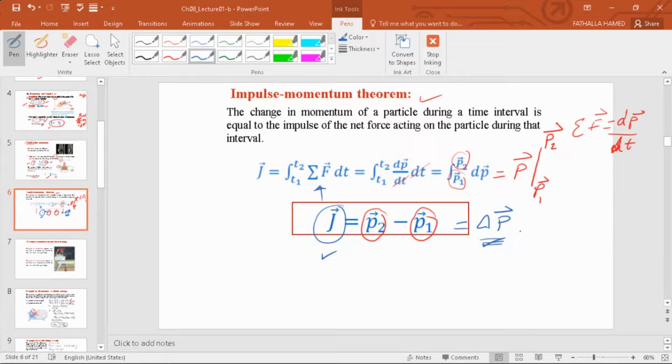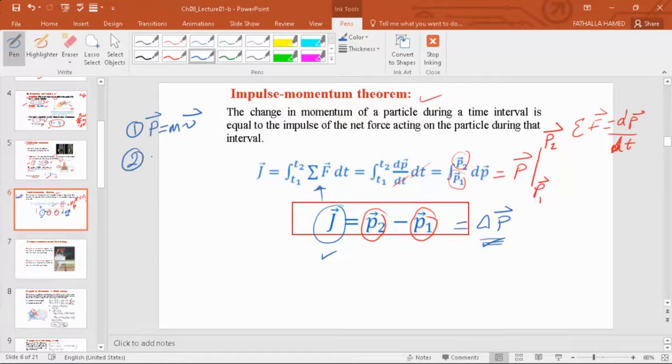And this is the relation now between momentum and impulse. We defined momentum as mass multiplied by velocity.